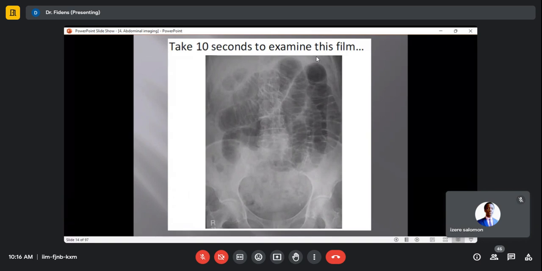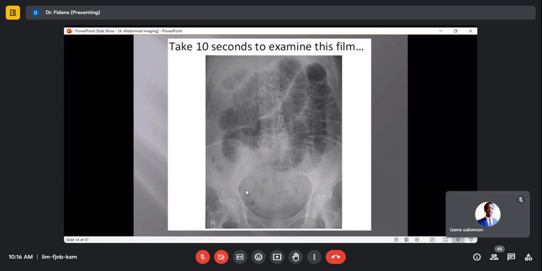Pelvic bones. Pelvic bones, like iliac bone, like sacrum, sacroiliac joint here on the right side, but left side is covered by the bowel loops. You see the head of the femurs, the pelvic.